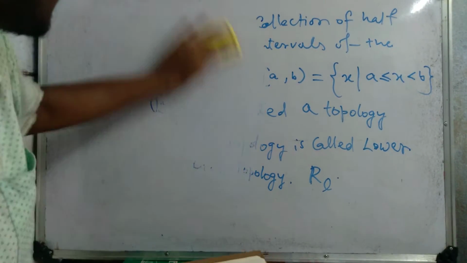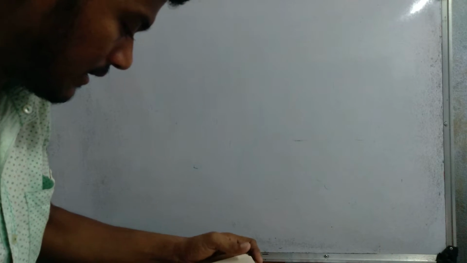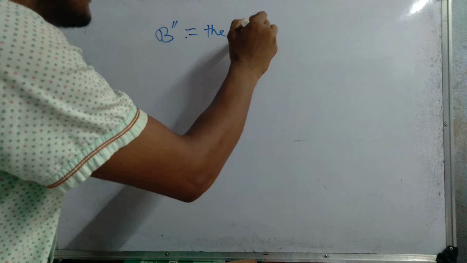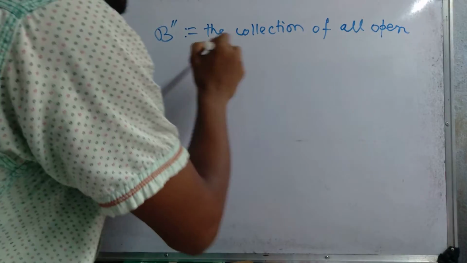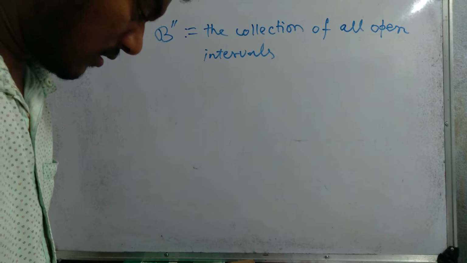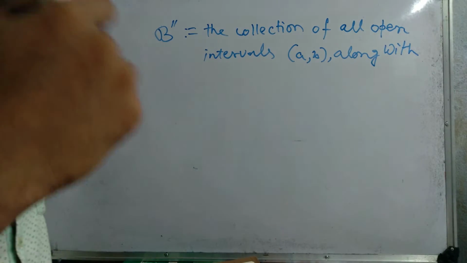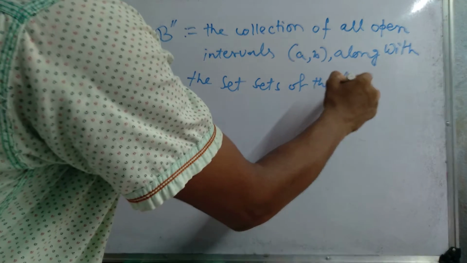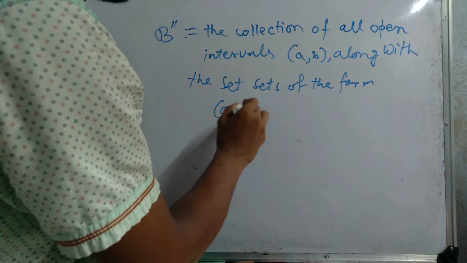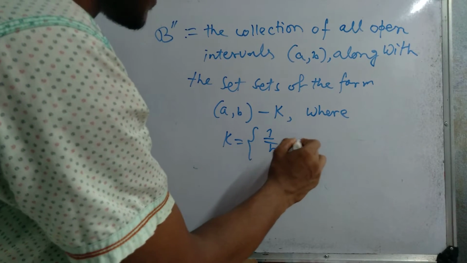Next we see that beta double dash is the collection of all open intervals (a, b) along with the sets of the form (a, b) minus K, where K equals the set of 1/n such that n belongs to Z plus.